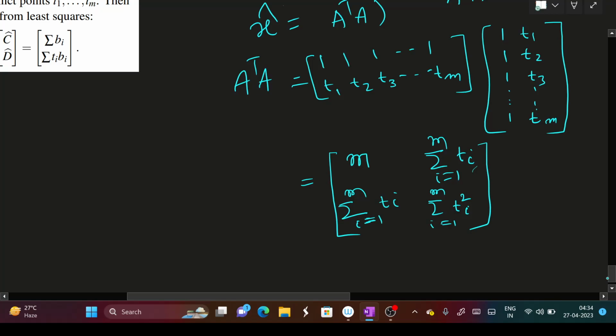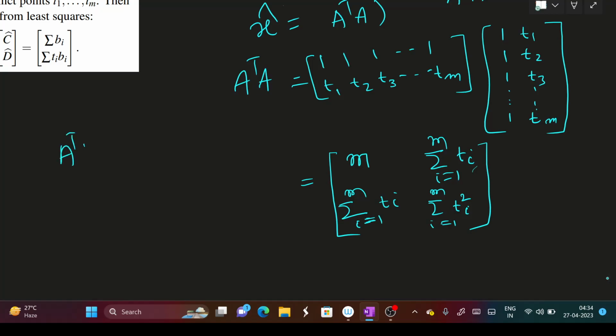Similarly, what is my A transpose B? A transpose B is 1, 1, 1, T1, T2, Tm, times B1, B2, Bm.